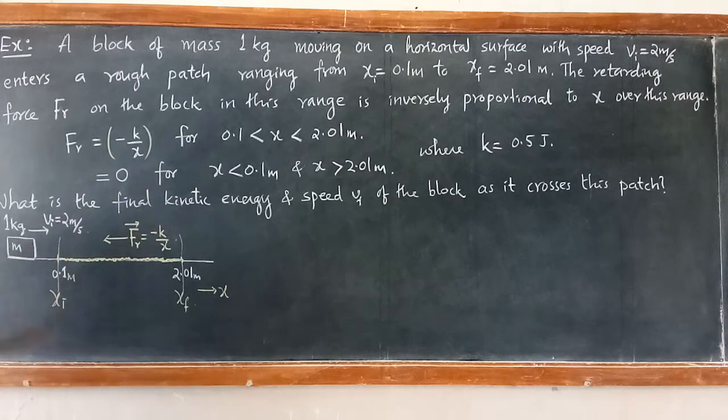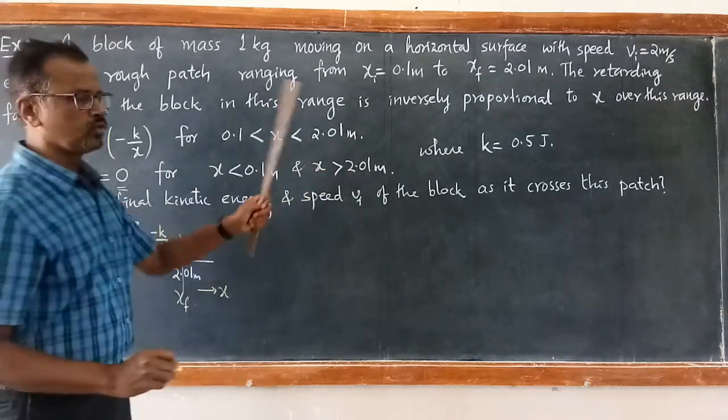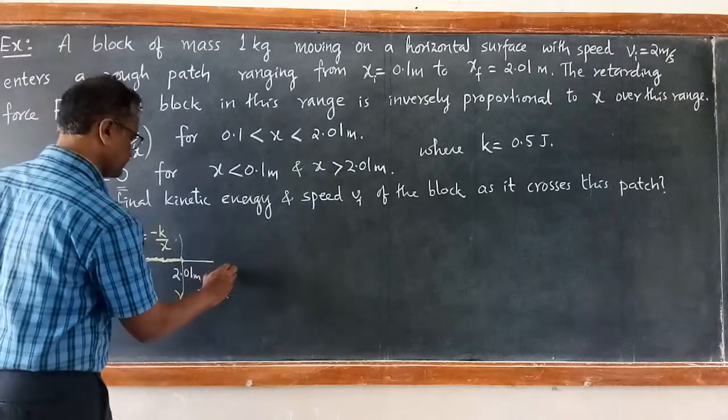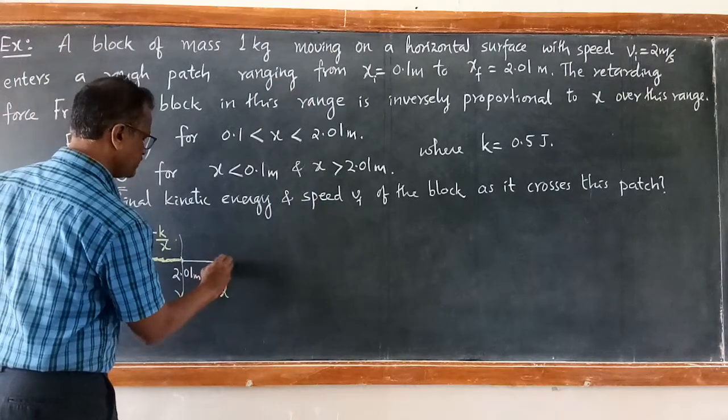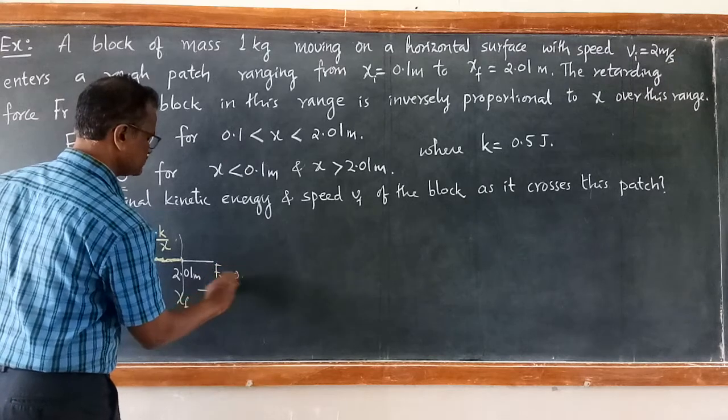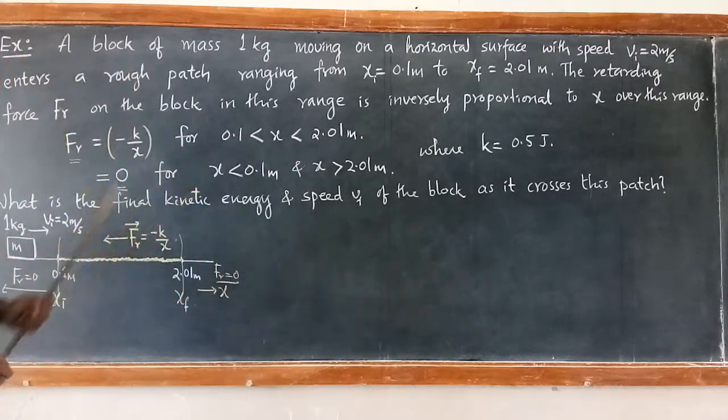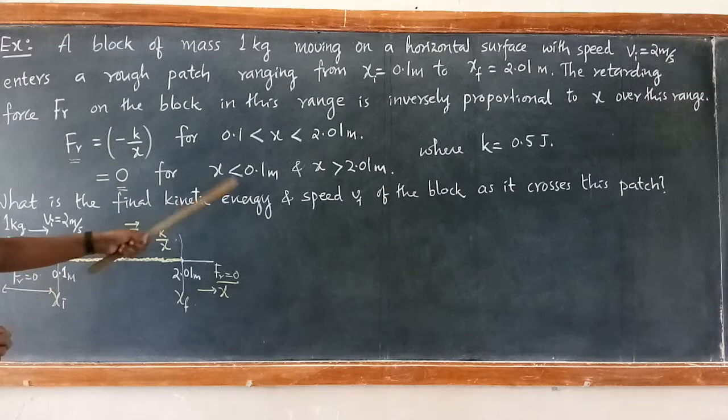For x less than 0.1 meter, there is no retarding force. Retarding force is 0 up to here. And for x greater than 2.01 meter, again Fr is 0. This is the given condition. I think you got the meaning, the range, right?